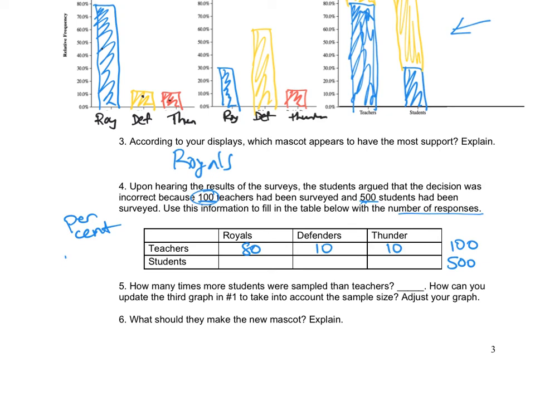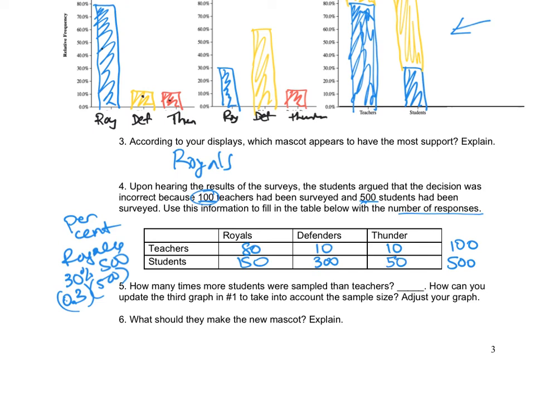So if we're going to figure out Royals over here for the students, 30% of the 500. So how would you do that? You go 0.3 times 500, and that'll give you the amount of students that wanted the Royals. So that's 150. And then, what was it? 60% of 500 is 300 students wanted defenders. And then 10% of 500 is 50.